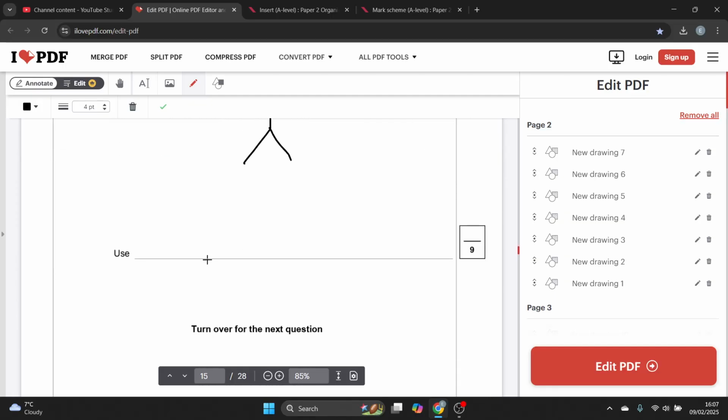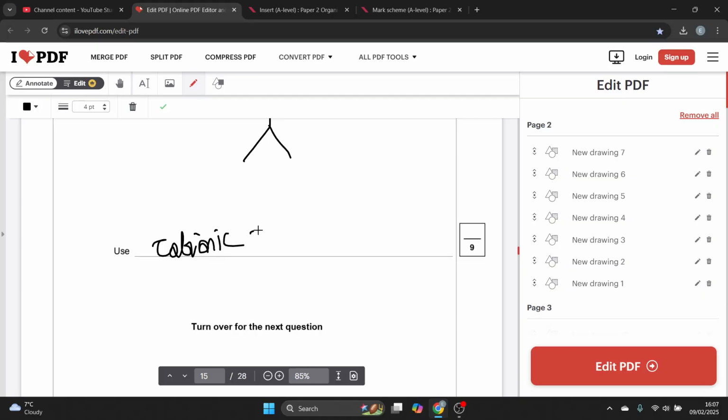There you go. And the use: cationic surfactant.